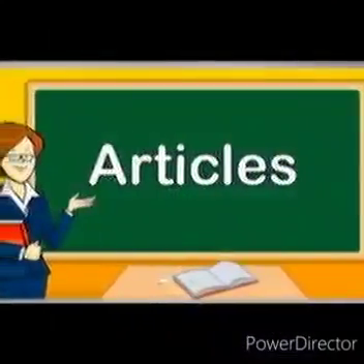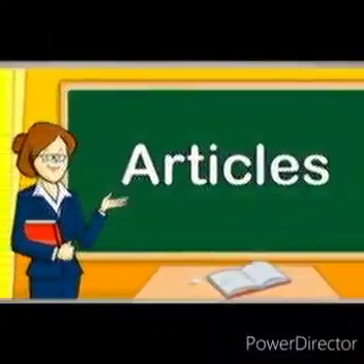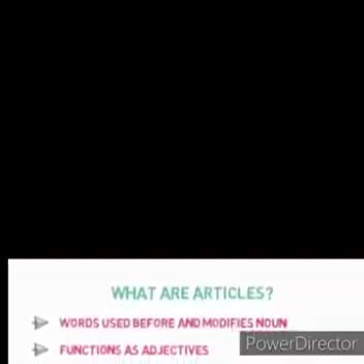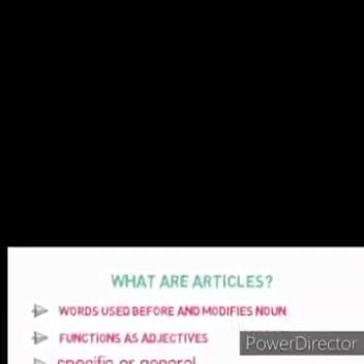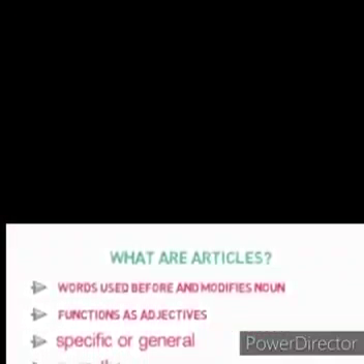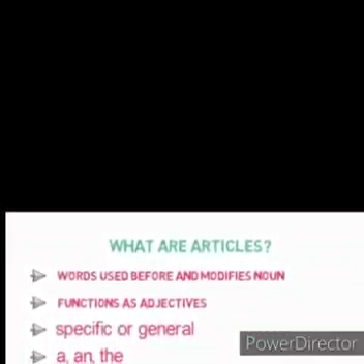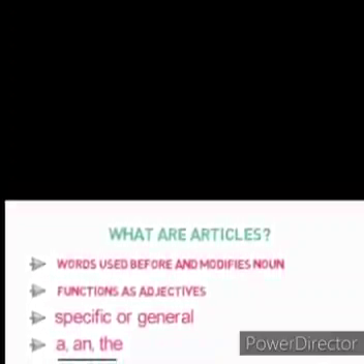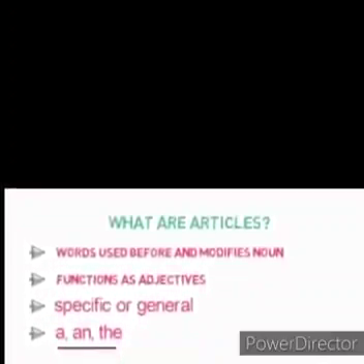So, what are articles? Articles are words that are used before nouns. Nouns mean naming words. They give more information about nouns, so they function as adjectives in the sentence.